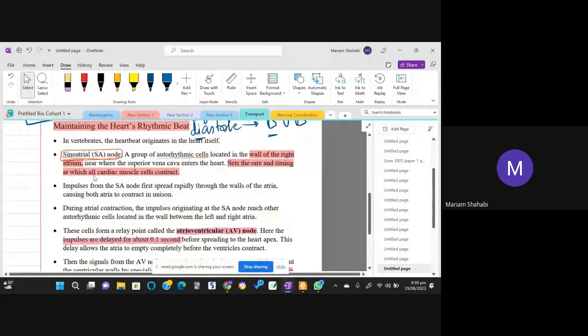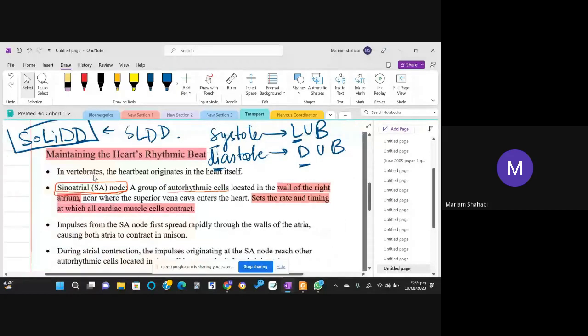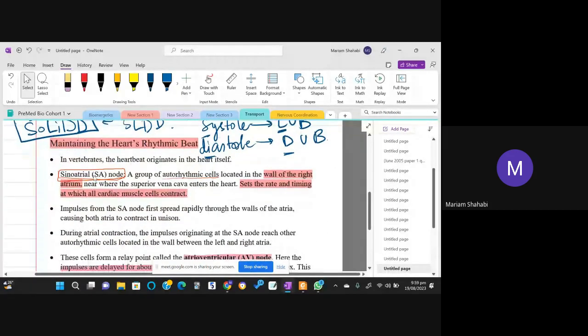So, अभी हमारा एक major थोड़ा सा ये रहता है important, maintaining the heart's rhythmic beat. सही है.